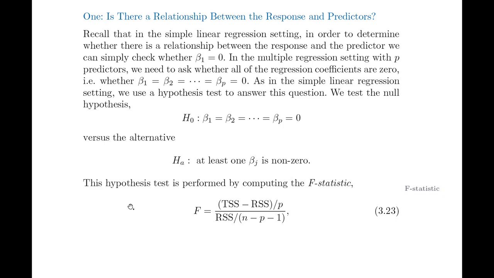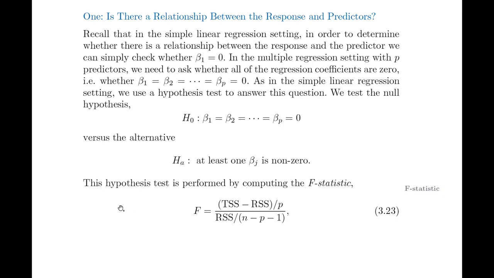This hypothesis test is performed by computing the F statistic, which unfortunately uses TSS, which we had done in one session, but very quickly towards its end. We might need to double back, but let's see how much we can push forward.